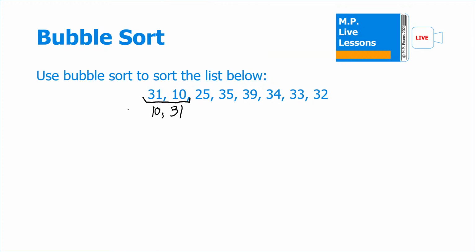Then it'll shuffle along one and compare 31 to 25. It will compare these and swap them round if they're in the wrong way or the wrong place. In this case, it does. Now 31 is compared with 35, so it shuffles along again. It's okay. It's in the right place. Now 35 with 39, in the right place. And 39 with 34.